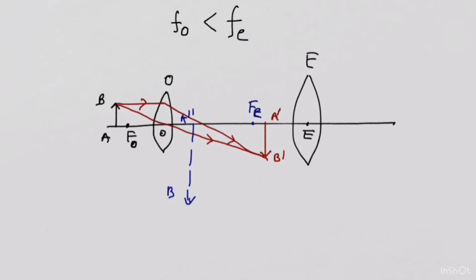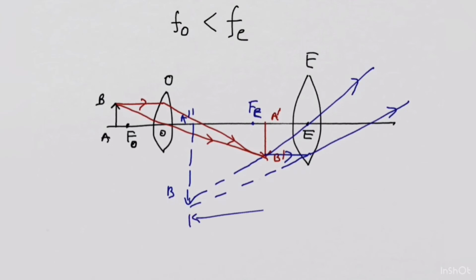Now let's make the rays. The ray one which is parallel to the principal axis, and the ray which is passing through the optical center. I'll make them slightly diverging so that finally they will meet on the same side of the object. The final image here is formed at the least distance of distinct vision.